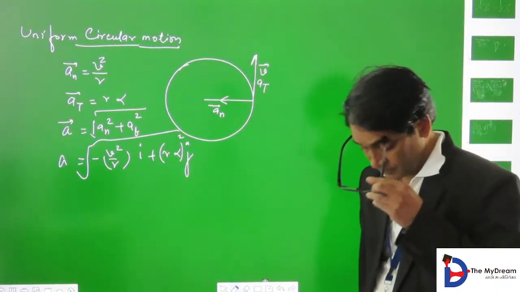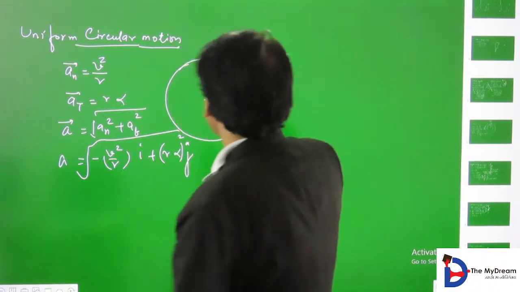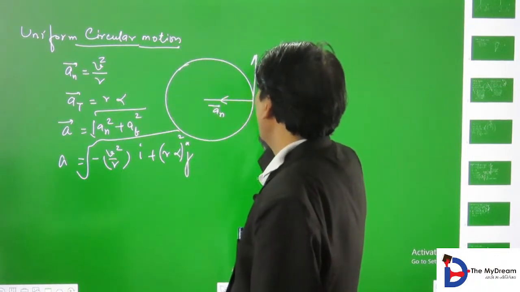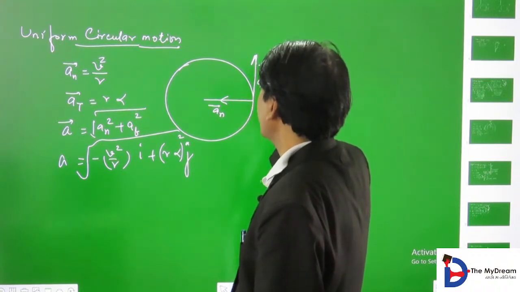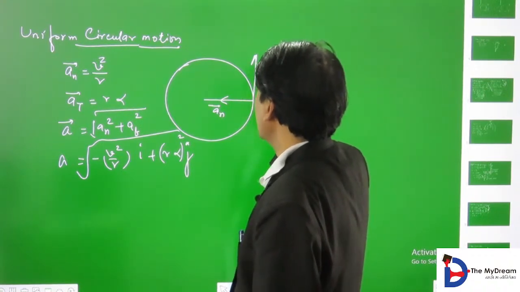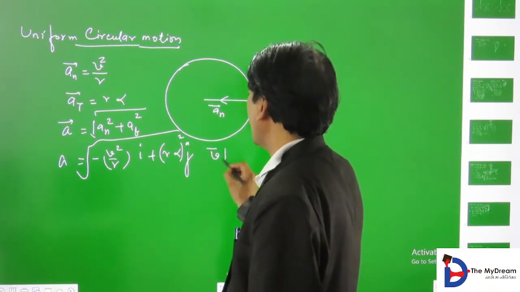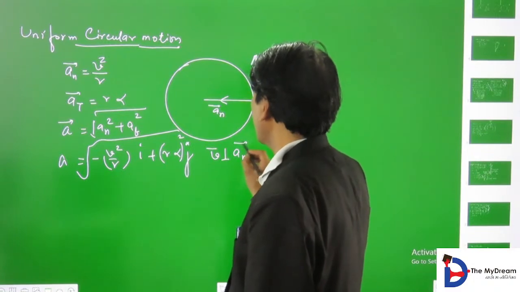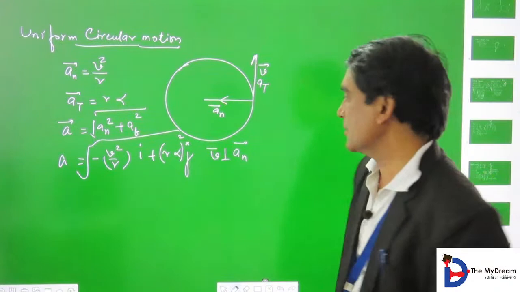Now, in this case, you see, velocity is perpendicular to the acceleration, which acceleration? Normal acceleration, centripetal.